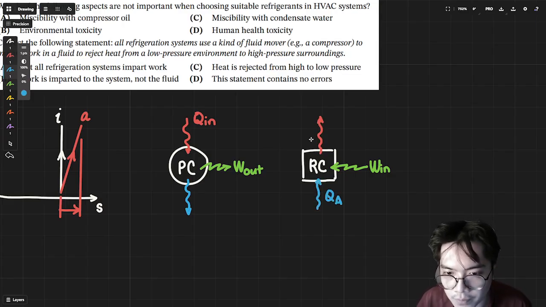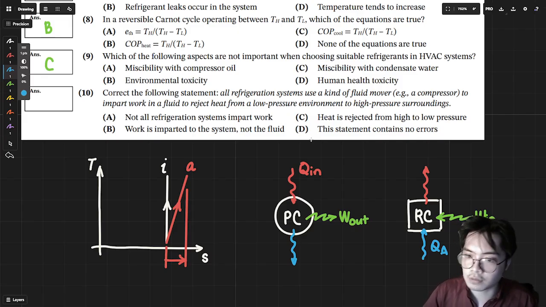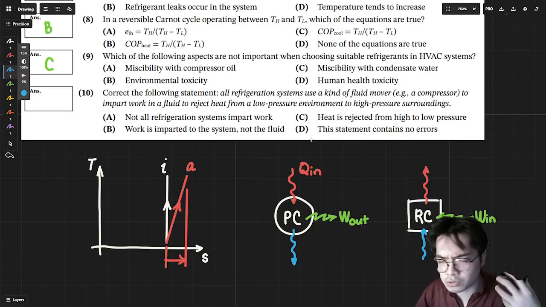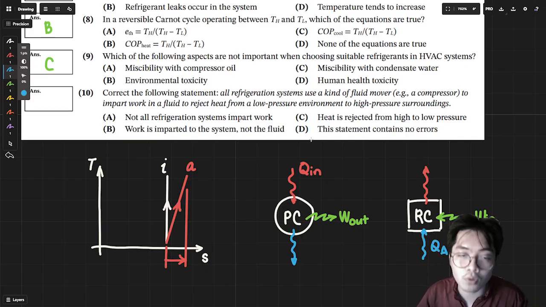The thing about this is that I'll be able to teach you guys the last topic, absorption refrigeration, that has no compressor, right? If anything, the compressor will not be responsible for facilitating the heat transfer out to its surroundings, more in the case of something else.